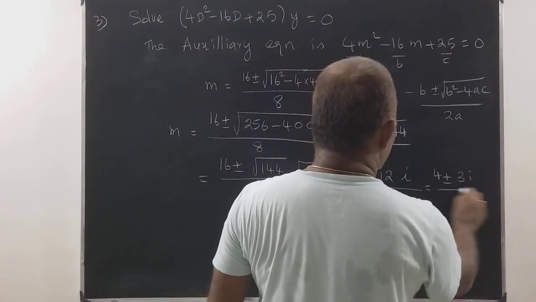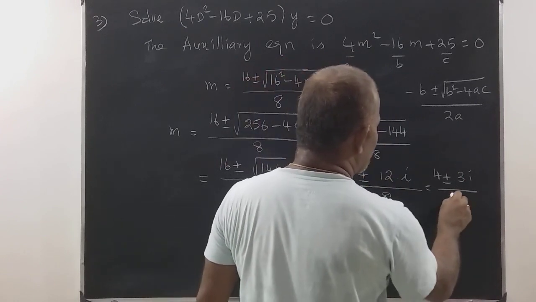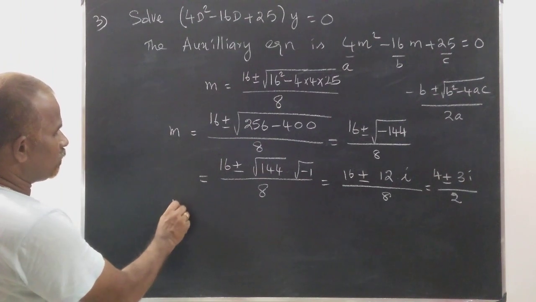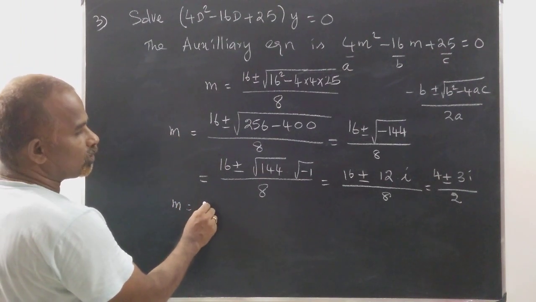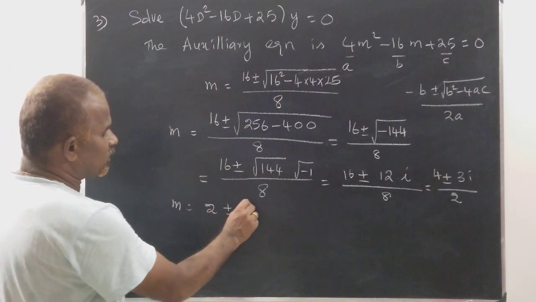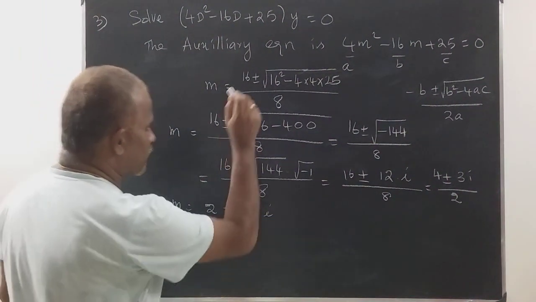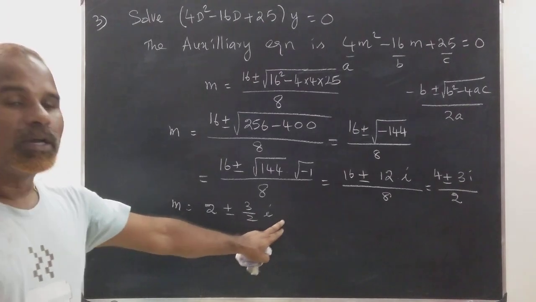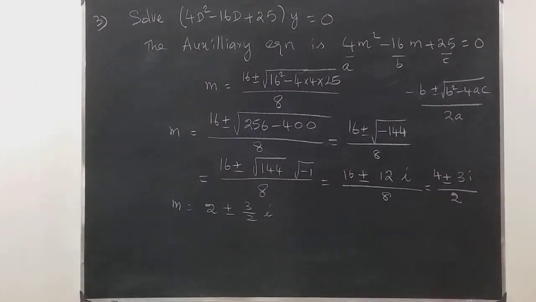3i divided by 4 will be cancelled, divided by 2. So therefore again m is equal to 4 by 2 plus or minus 3 by 2 i. So here the roots are imaginary.